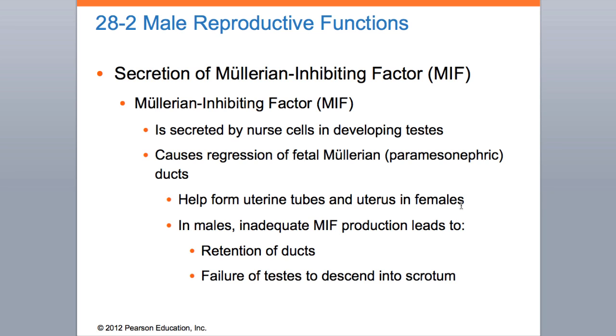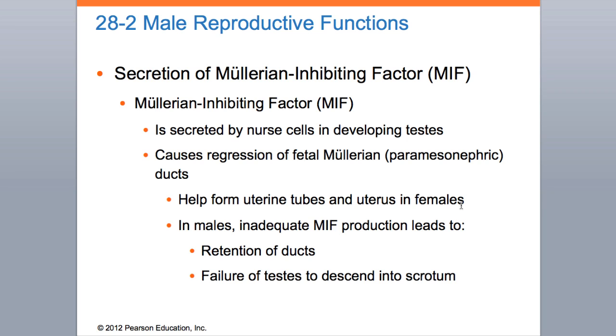It is this MIF that makes a difference between females and males. So if this is not working properly, you're going to see a problem with the testes being formed and the testes descending. So you're really built to be a female as a basic model. And then it is the difference in the Y chromosome providing this information.